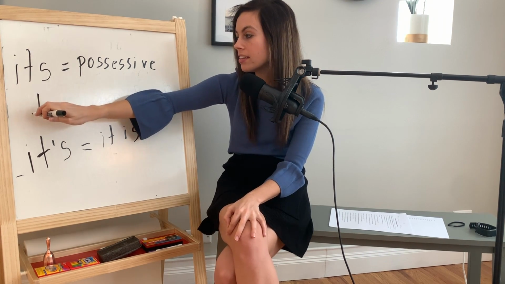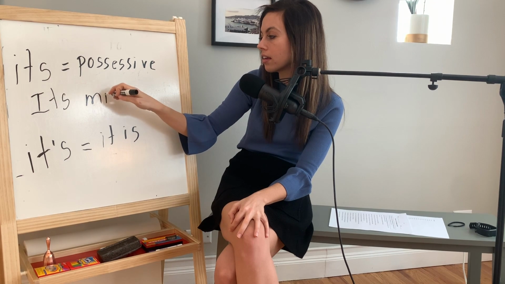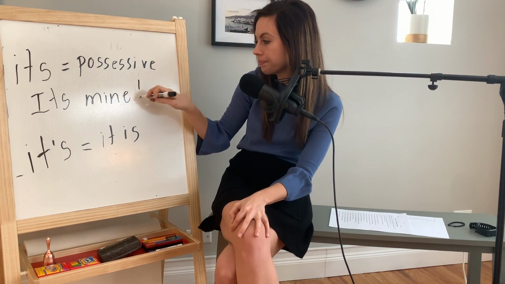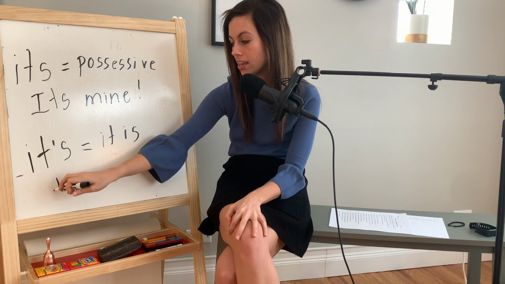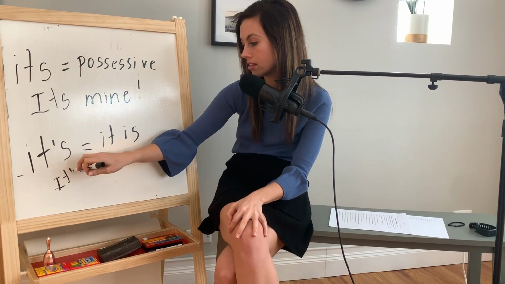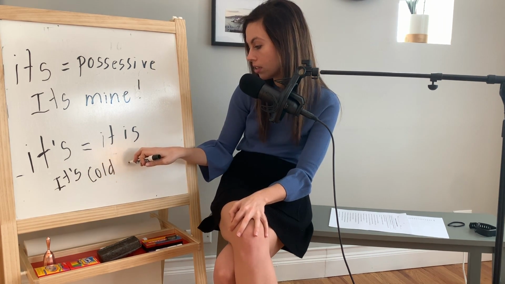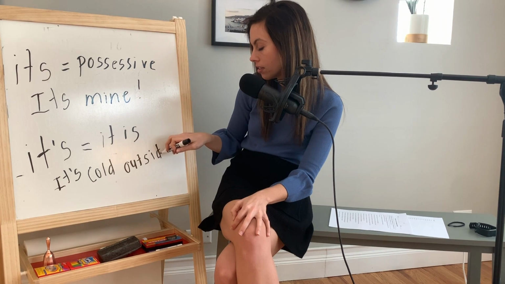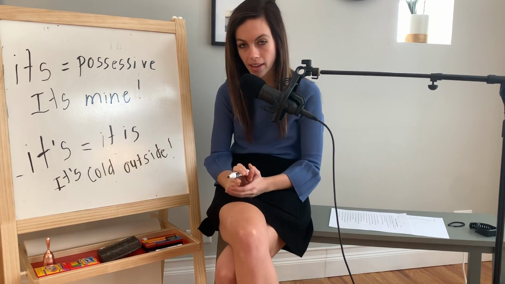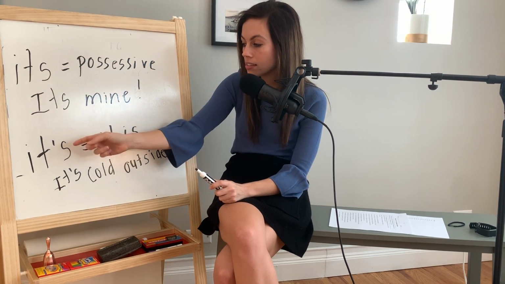So I could say its mine. And this one would be it is. So I could say it's cold outside. Okay. So just be very careful when you have its.